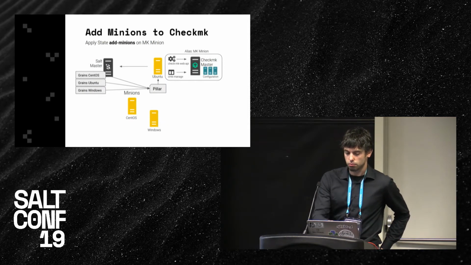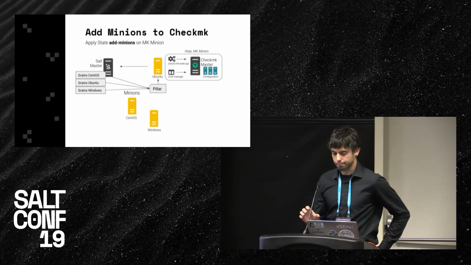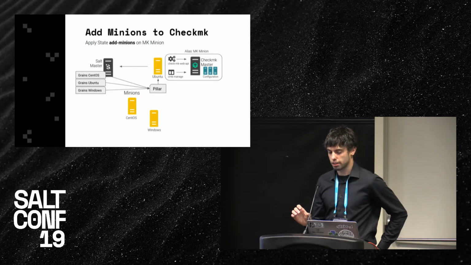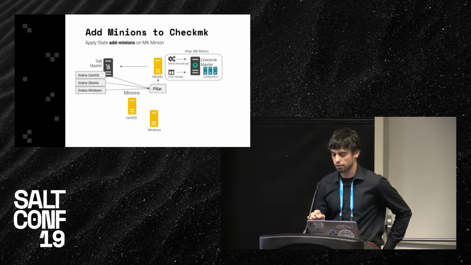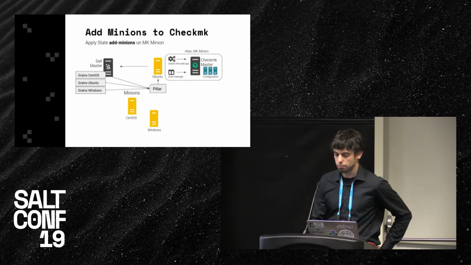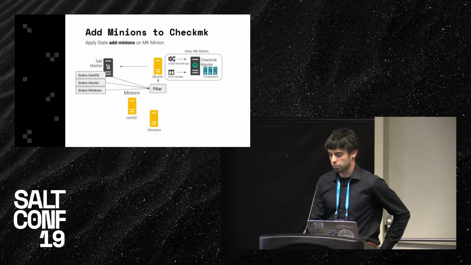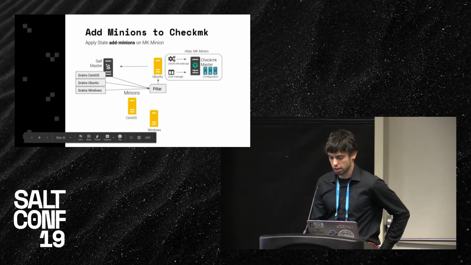I collect them on the master, and the master provides these grains to this designated MK minion as pillar. So the grain data is available as pillar data on this minion. And from that pillar data, the state can simply create the CheckMK configuration. We see it here on the right.